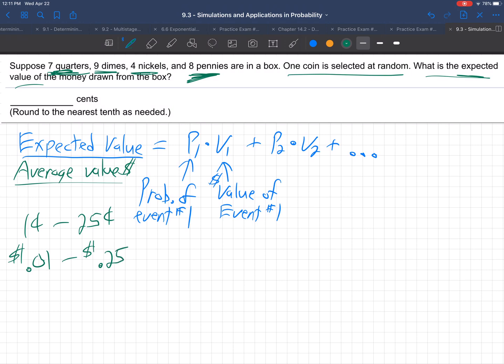So if you do this time after time after time, and find your average over a long period of time, that's what expected value is. It's the average thing that can happen. And it's a really important calculation when it comes to probability, because probability is random, sort of.